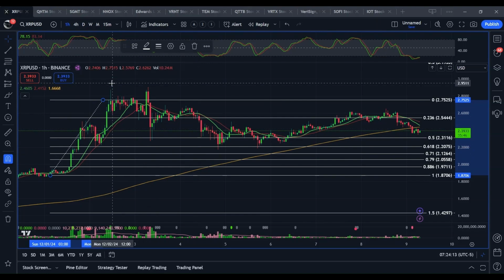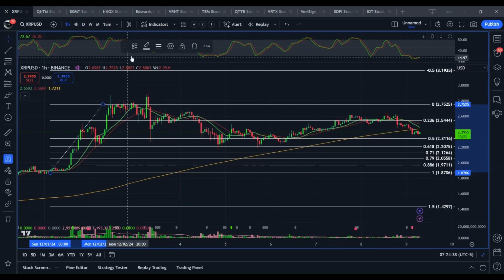But what a liquidity sweep is, is when the market maker takes out a high ever so slightly to induce people to buy. When this was actually a green candle up here at the top of this wick, I will show you the replay of it, that was inducing buyers to say, okay, we are going to the next level.